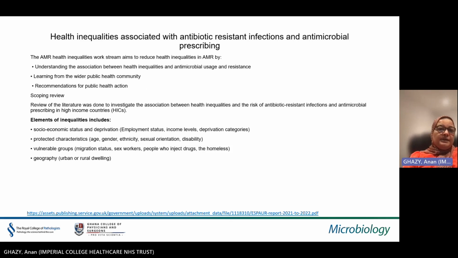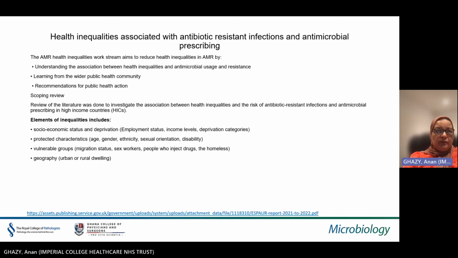As part of UKHSA, they found that there are health inequalities associated with antibiotic-resistant organisms and antimicrobial prescribing. So the AMR health inequalities work stream aims to reduce health inequalities, which shows that we should understand the association between healthcare inequalities and antimicrobial usage and resistance, learning from the wider public health community and making recommendations for public health action.